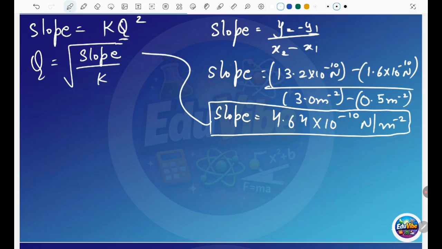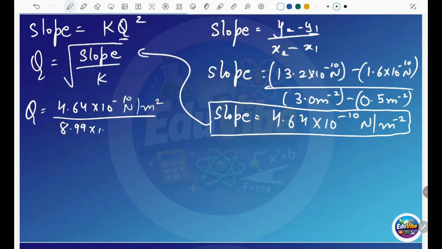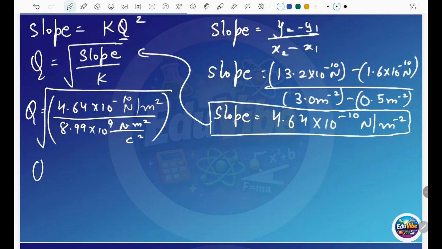Now you have to put the slope in this, and put the k value, and find the q. So the slope you get is 4.64 into 10 raised to power minus 10 newton meter square upon k, which is 8.99 into 10 raised to power 9 newton meter square upon coulomb square, and this goes under the whole root.